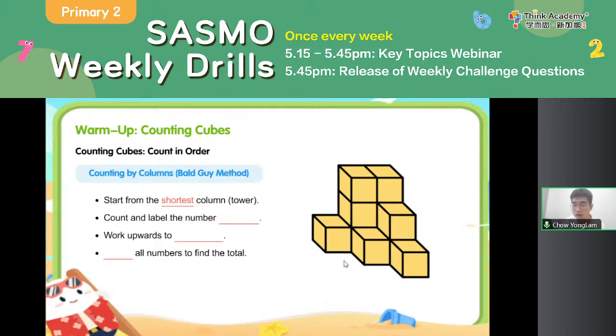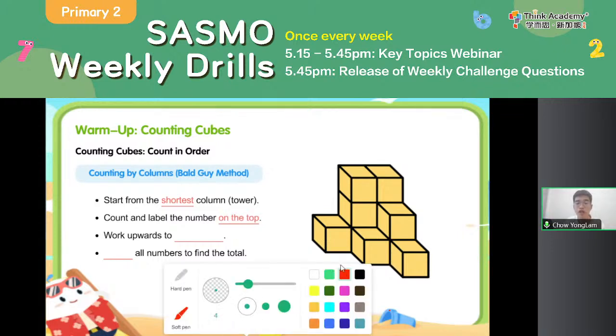On this figure on the right, we have one column, two columns, and three columns with only one cube. After we find the columns with one cube, we label the numbers on top of these towers. Think about the roof of the tower, the part with no hair.